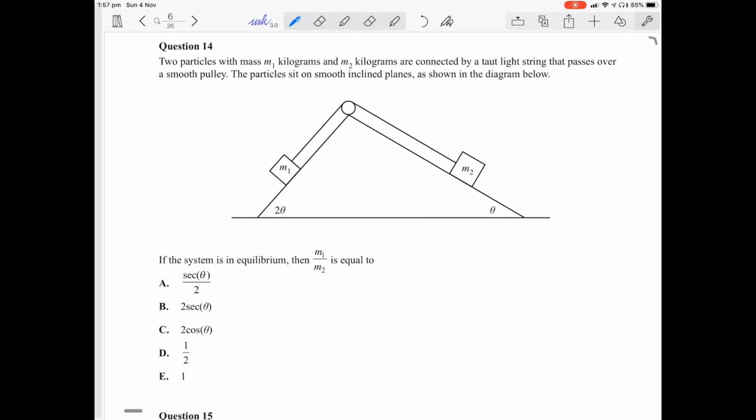Okay, the system is in equilibrium, and M1 is equal to M1 and M2 is equal to. Okay, so let's work out our forces. So theta, that's mg, so that's going to be mg sine theta.